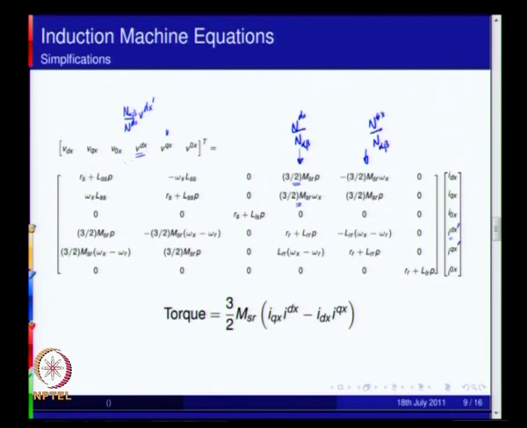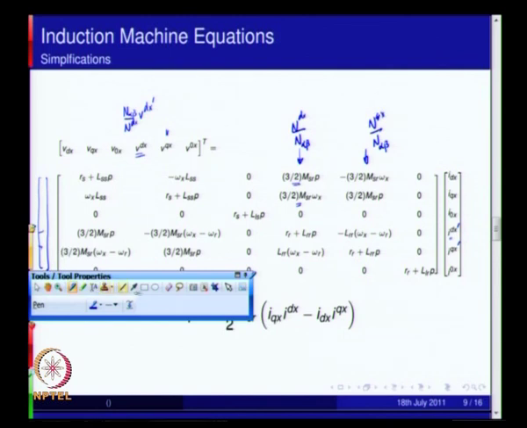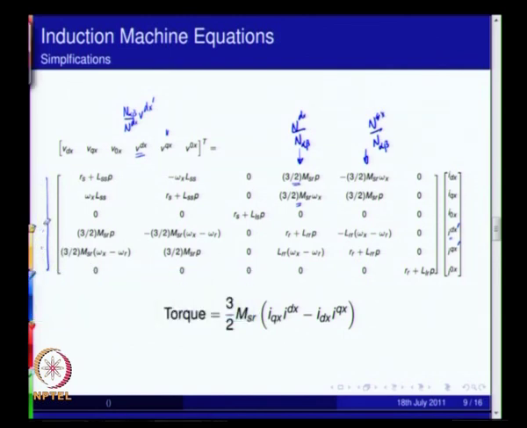Now you have this vector v here, and the dx axis and the qx axis, these two voltages have been multiplied by n alpha beta by dx, and therefore one can take that on to the right hand side, therefore multiply.